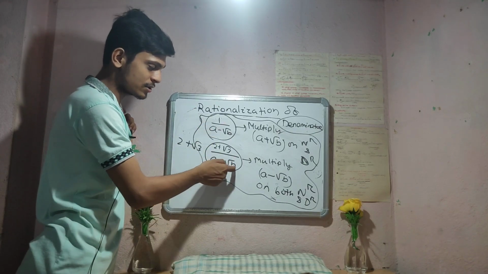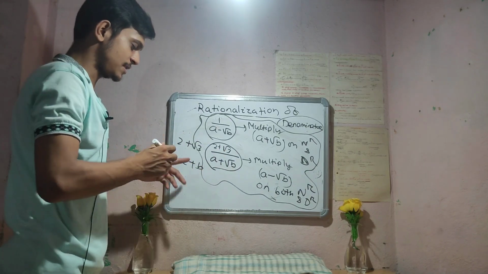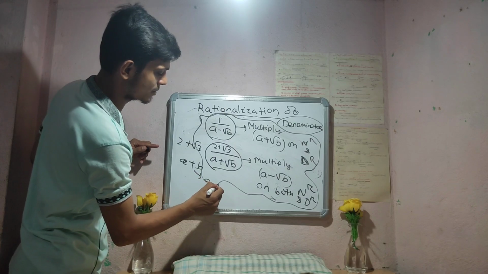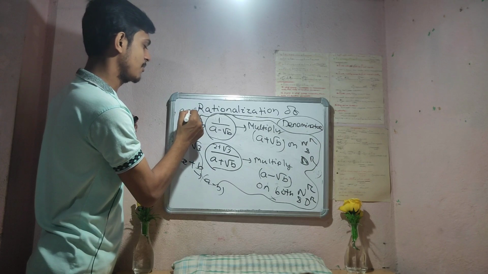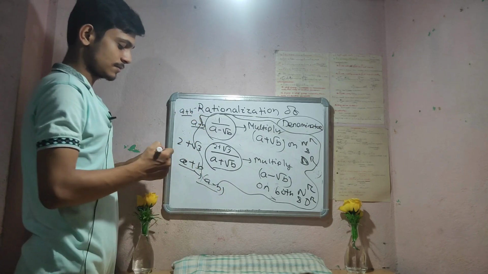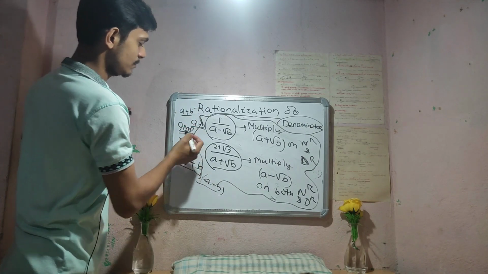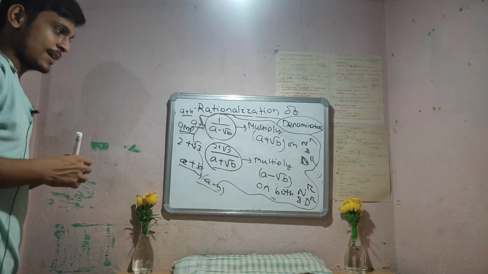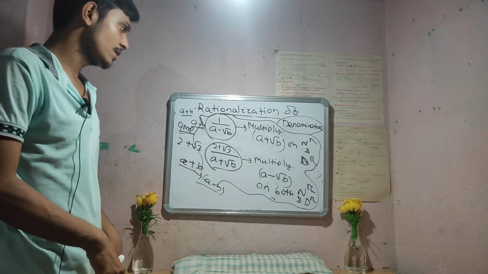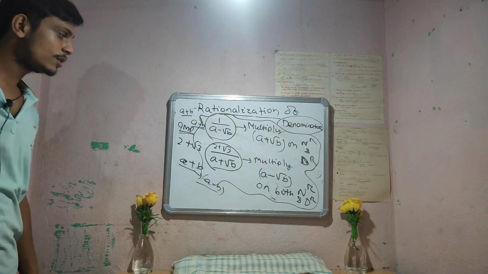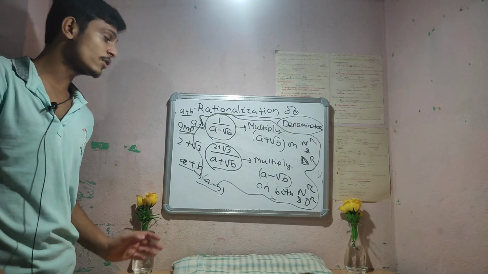If the denominator is a plus b, you multiply by a minus b. If it is a minus b, you multiply by a plus b. Clear? You have to remember this. This is very important. The problems in your exercise or textbook are in this form. So this is the rationalization of the denominator. Note it down.